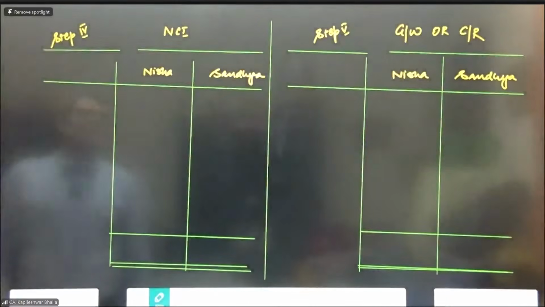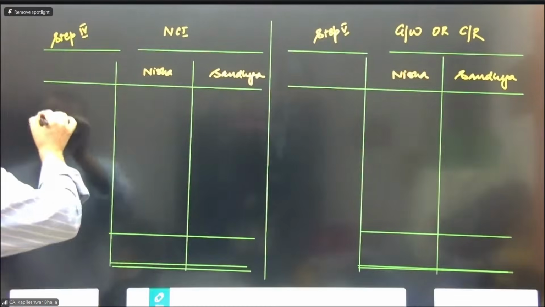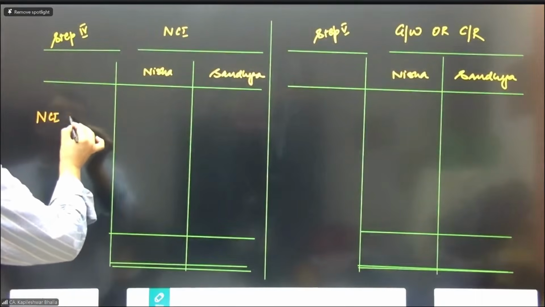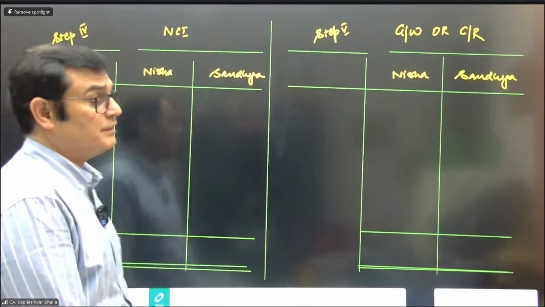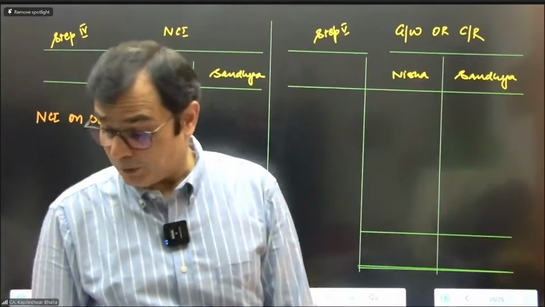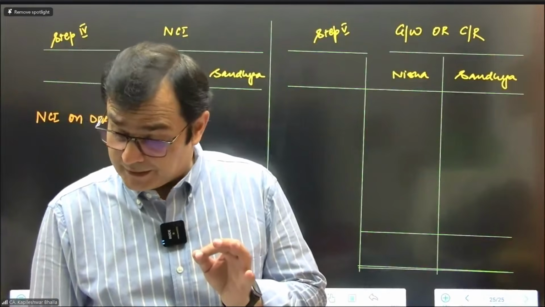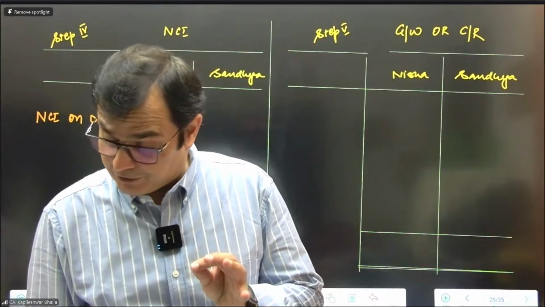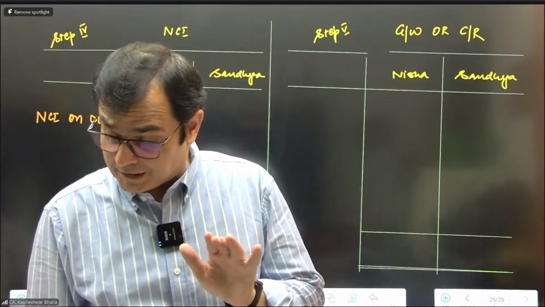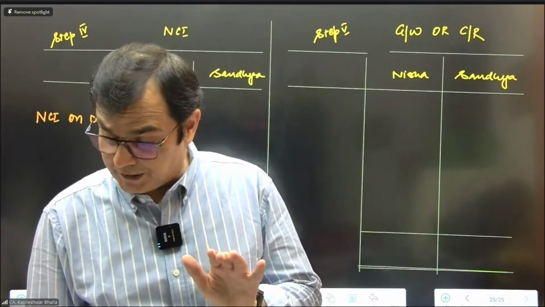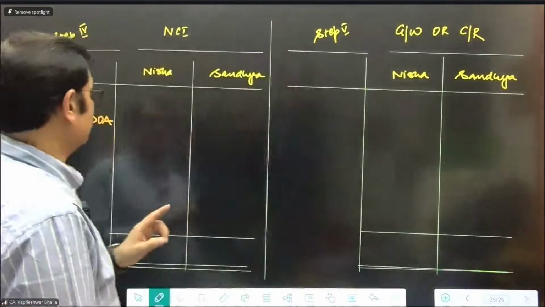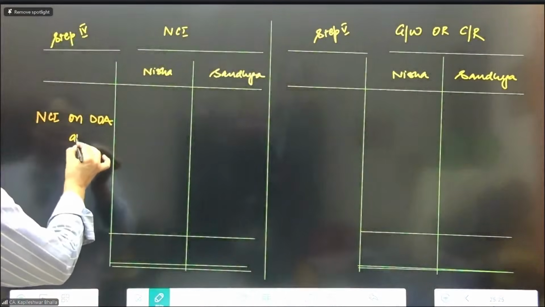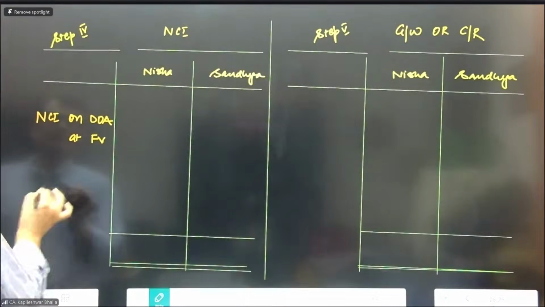Now, as far as NCI is concerned, in this particular case, we need NCI on date of acquisition. And it is very clearly stated in the question, in point number 5, the parents adopted the accounting policy to measure the NCI at fair value. So we need the NCI on the date of acquisition at fair value.